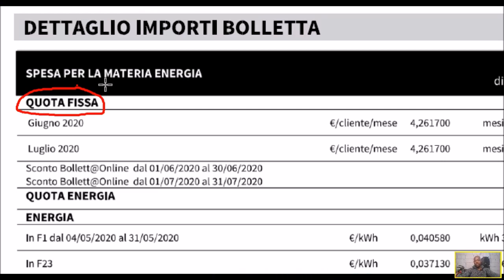But this being a bill of Enel Servizio di Maggior Tutela, the government is the one that establishes this quota fees. And if you are not using Mercato Libero, then it will be different from when someone is using Mercato Libero.